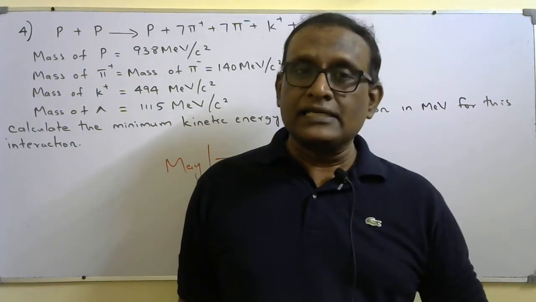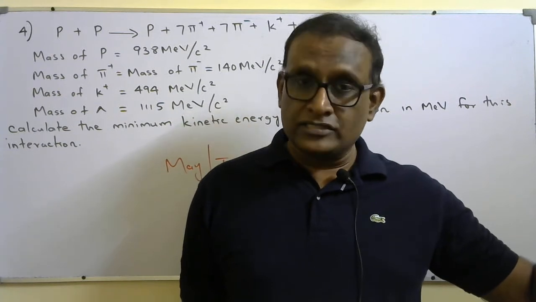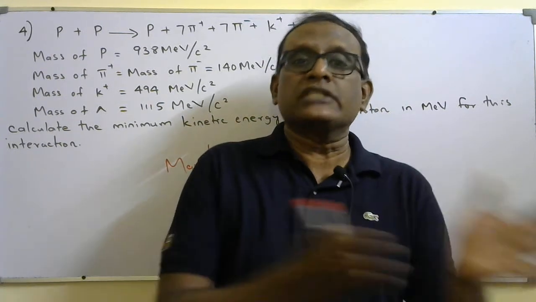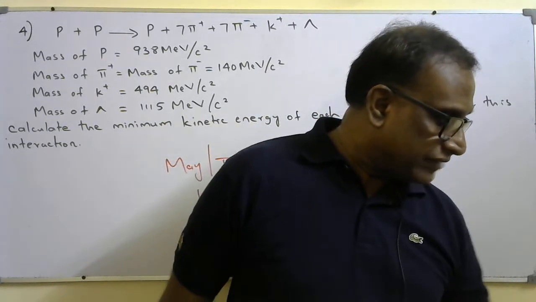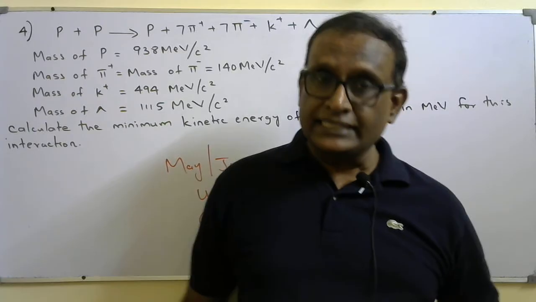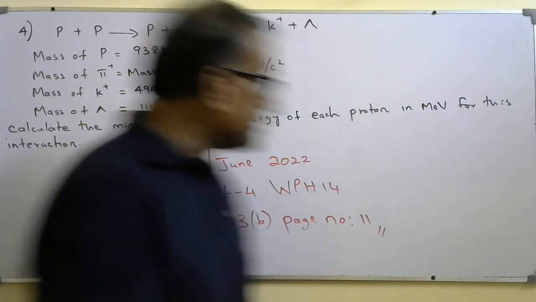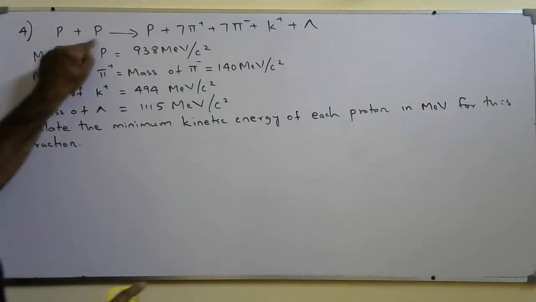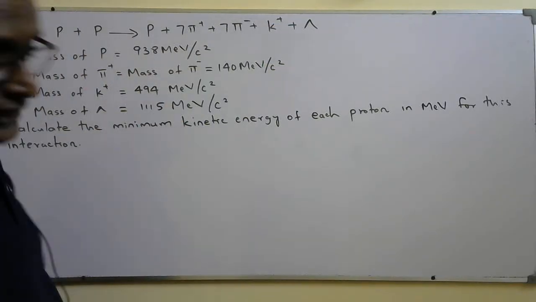If all the particles created are at rest, the kinetic energy after collision will be equal to 0. So all the initial total energy will be used to create new massive particles. Okay, so that's the advantage of colliding beam colliders compared to fixed target colliders. Okay, so in this question also it's happening in a colliding beam collider. So that means two protons are traveling in opposite direction. I did not write that, but that's the question.